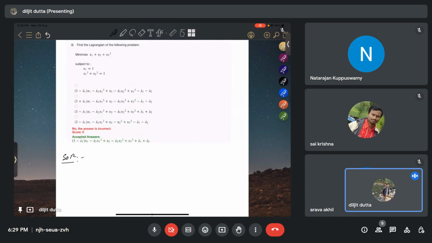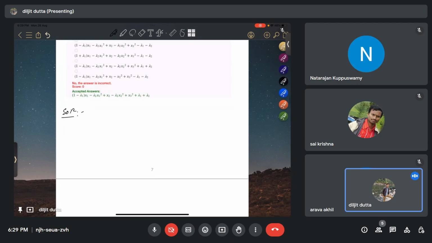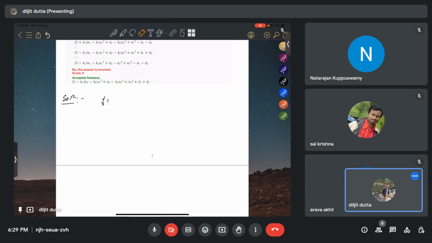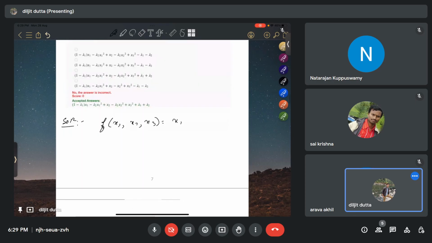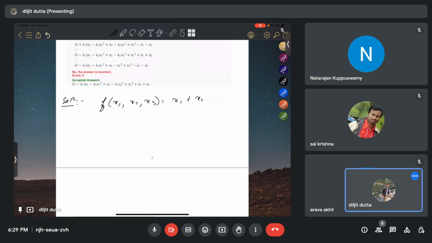What is given? We have to minimize the function x1 plus x2 plus x3 square subject to x1 equal to 1 and x1 square plus x2 square equal to 1. So our f of x1, x2, x3 is given as x1 plus x2 plus x3 square.